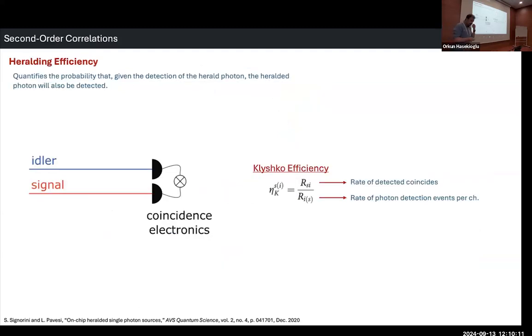And the second parameter to efficiently determine how good my heralding single photon source is for photonic quantum applications is the heralding efficiency, which means you measure the photon detection events at the same time in both the idler and signal channels from this photon pair source, and the rate of detected coincidences in a time window.